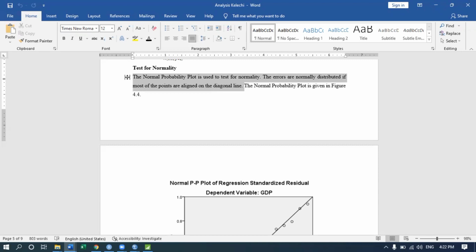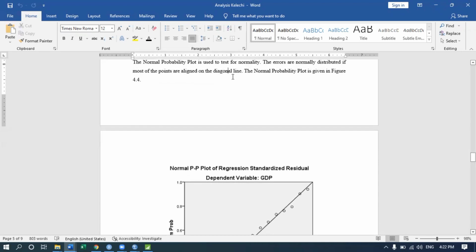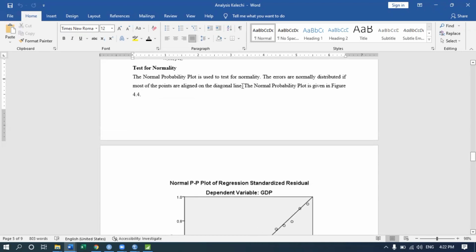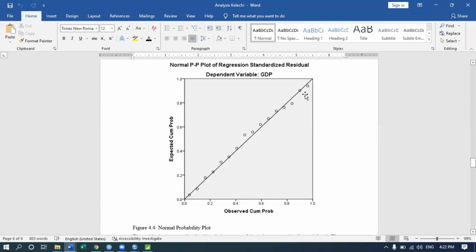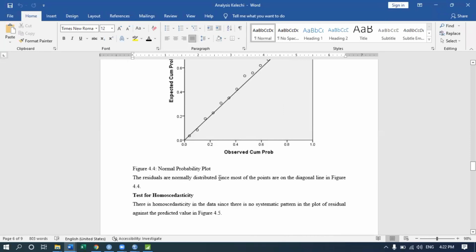So I like using Minitab because Minitab will give me the p-value. So when it gives me the p-value, all of us will say the same thing. So the normal probability plot is given in this. So based on this, I concluded that this one is okay. This one you may not need Minitab because most of the points are already on the diagonal line. So the residuals are normally distributed since most of the points are on the diagonal line.